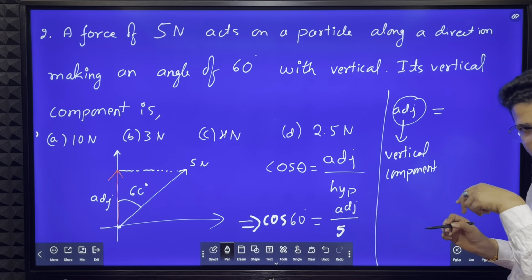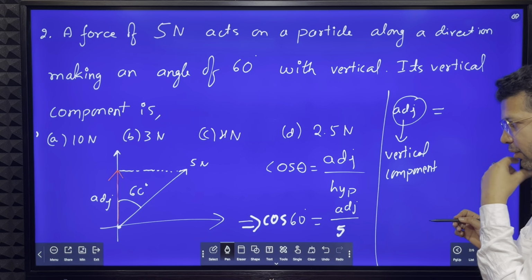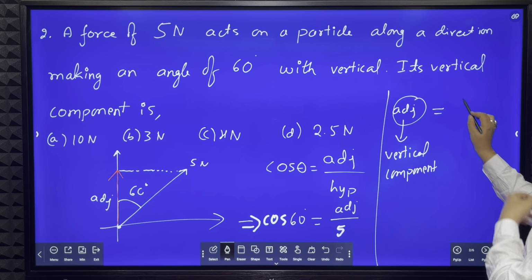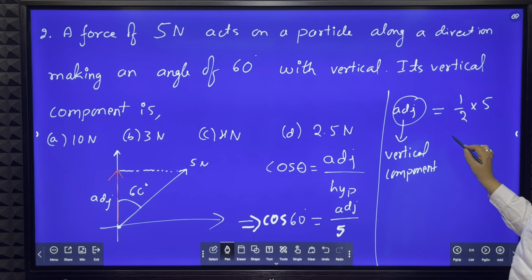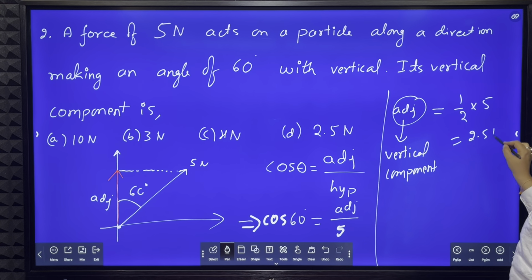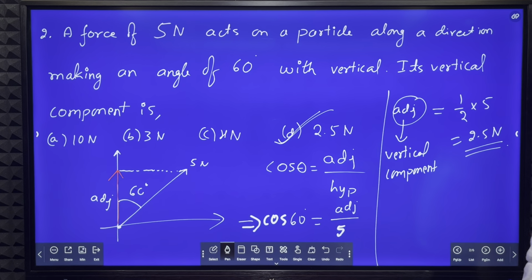Sin 30 is half, and cos 60 is also half. Cos 60 is half, into 5. So what happened? 2.5 Newton. Vertical component is how much? 2.5 Newton. Hope you can understand.